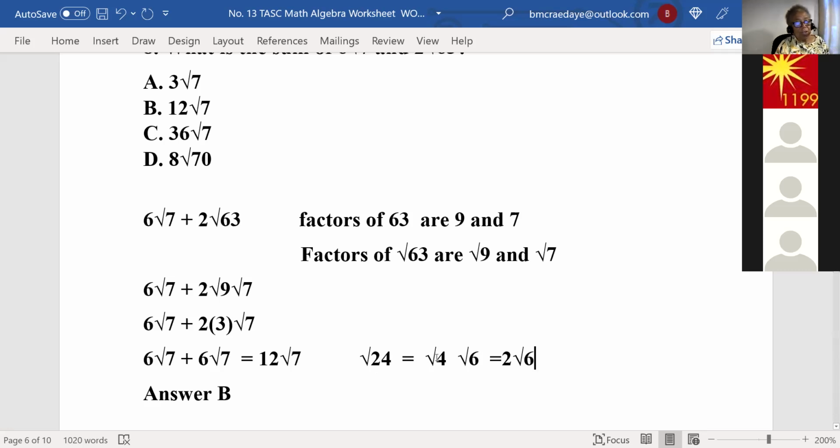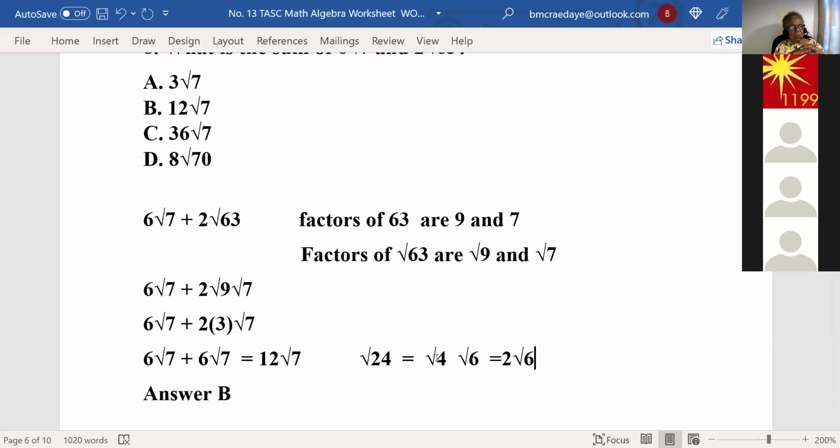See, Maureen, you said 12 and 2, but neither of those have a perfect square root. And when you're looking for factors for these type problems, you're looking for something that has a perfect square root. So that's why 12 and 2 would not work, they don't have perfect square roots.